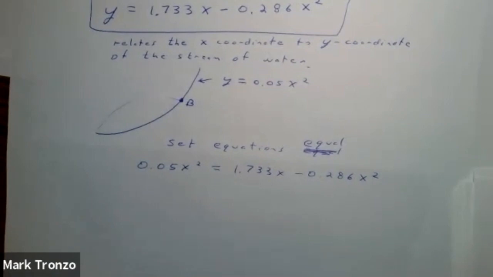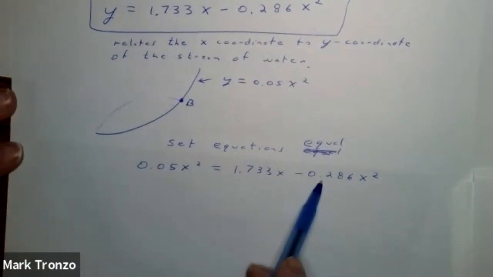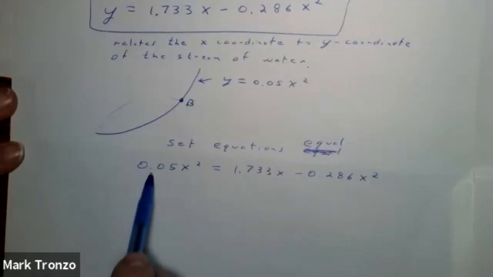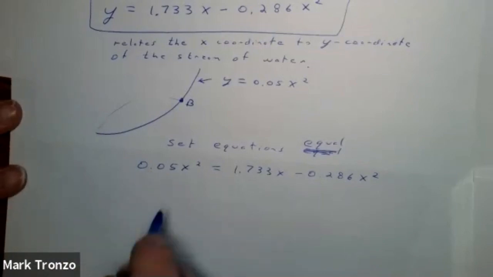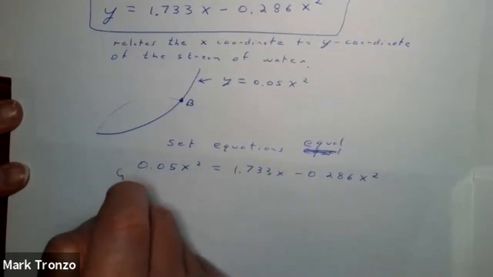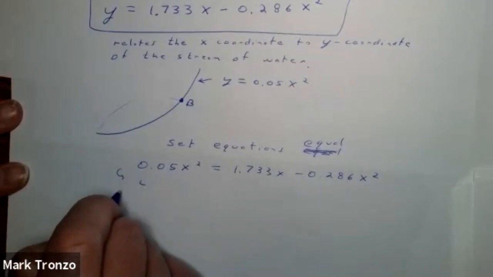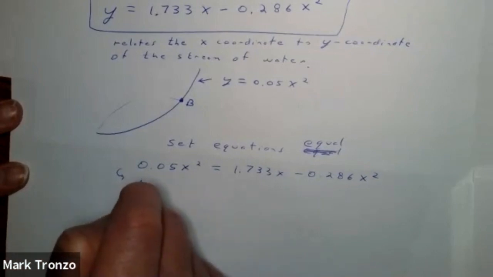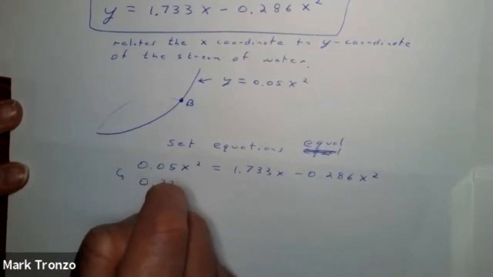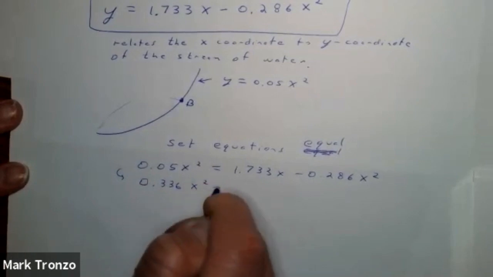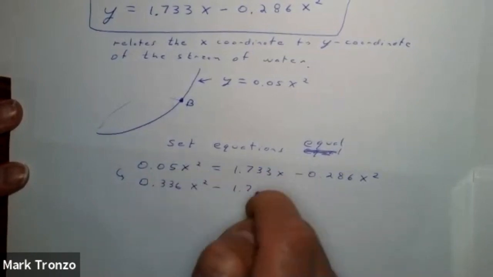And so it's sort of like a quadratic equation again, where we'll bring everything onto one side. Let's bring this x squared over to the left-hand side. When I did that, if I did this right, it comes out to be 0.336 x squared minus 1.733 x, and I'll bring this other one over too.